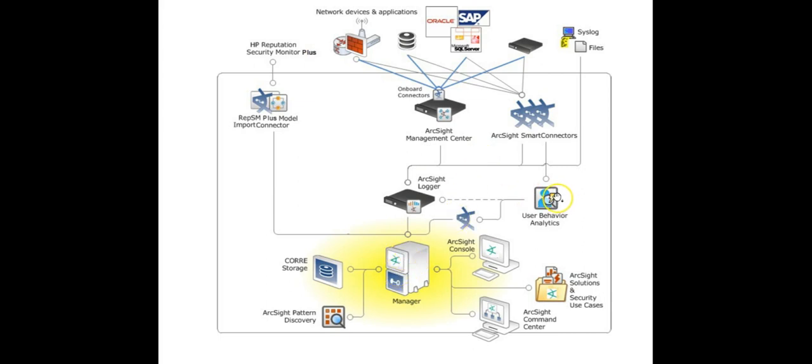Another solution from ArcSight is called Microfocus ArcSight User Behavior Analytics. This solution is for making analysis of user behavior. As you know, insiders are now the main threat; the threats are coming from the insiders or the employees working inside your organization itself. So this solution is studying the behavior of the users inside your organization.